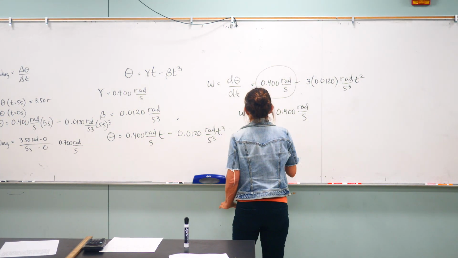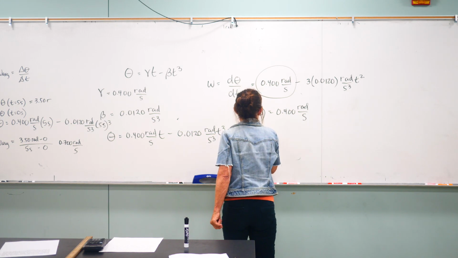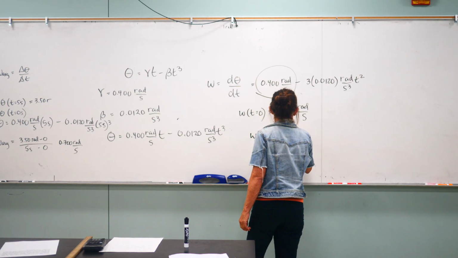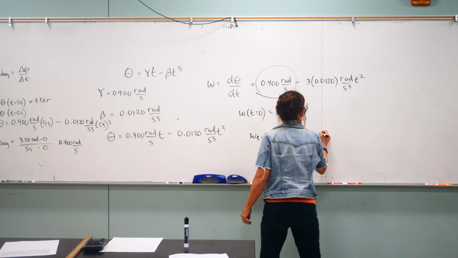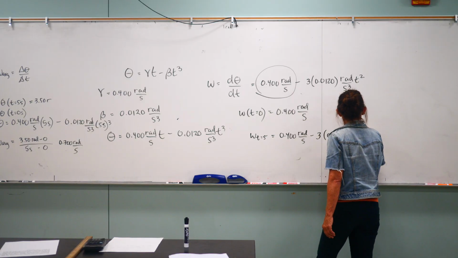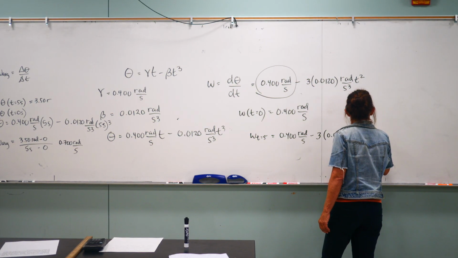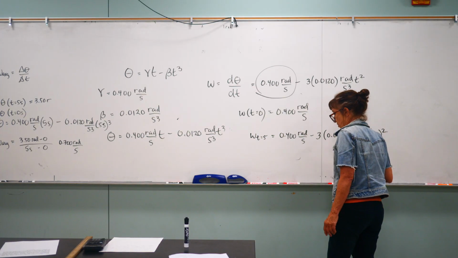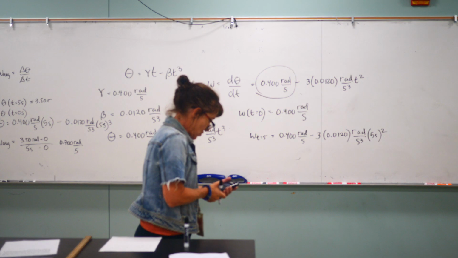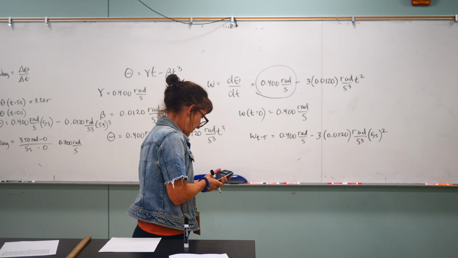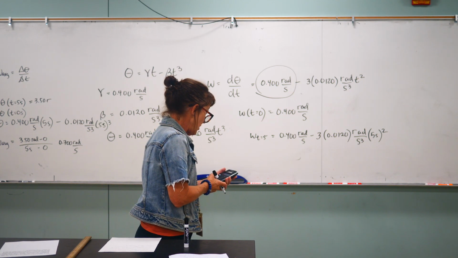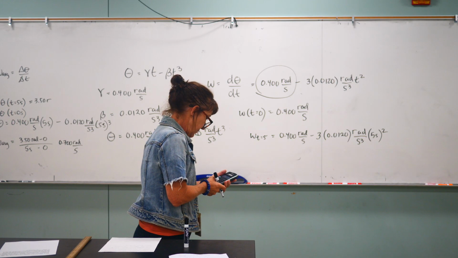Omega at t equals 5 is going to be equal to 0.400 radians per second minus 3 times 0.0120 radians per second cubed times 5 seconds squared. Three times 0.0120 times 5 squared.